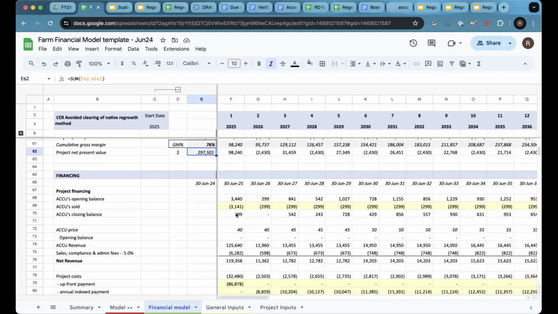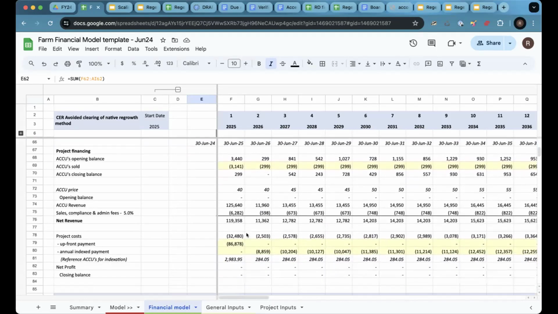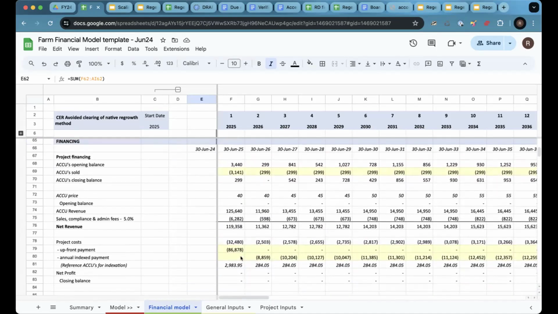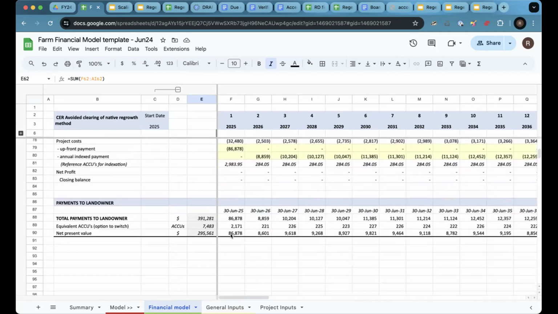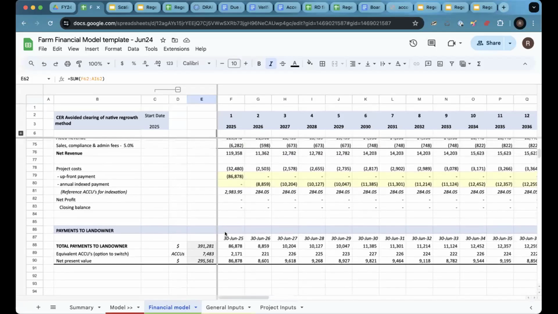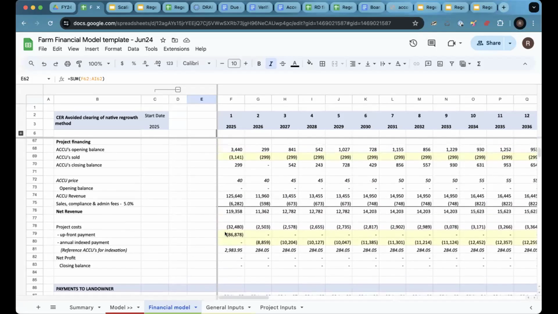And so then, as Christophe was talking to, we look to smooth the cash flows. So we look at how we can manage those cash flows to deliver a payment stream to the landholder that's got the equivalent present value, but in this case they're getting most of the cash flow up front, paying for their upfront costs.